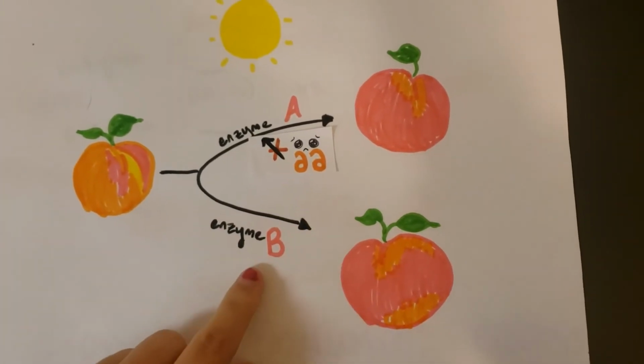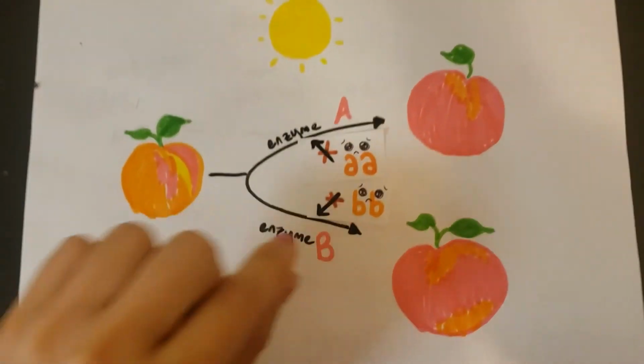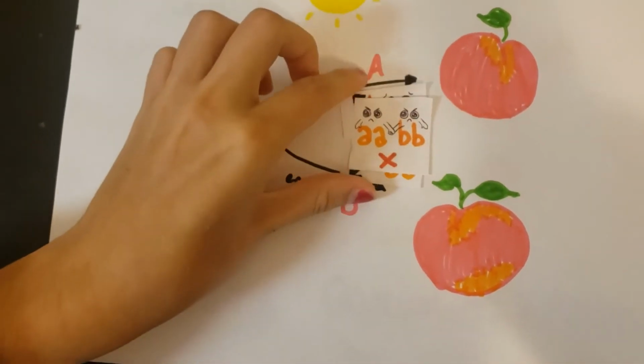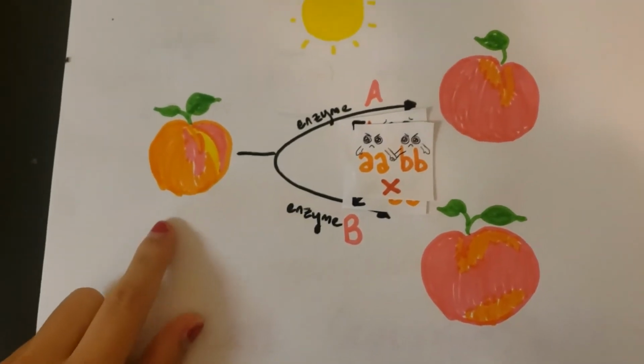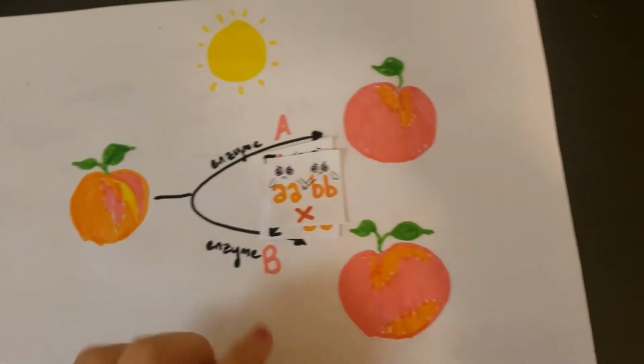Well, that's okay. We have enzyme B to get us our pink phenotype. But what if we have both? Then they're going to come together, strengthen numbers, and give us our orange phenotype. They're going to inhibit this conversion from orange to pink.